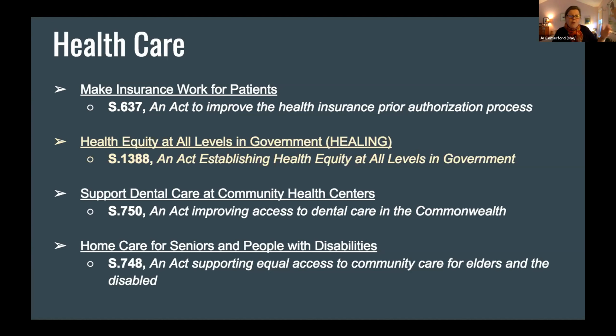Where we build a highway, where we locate an incinerator, where we decide to put educational opportunities, job training opportunities, where we decide to open a clinic. Those are social determinants of health. And so this bill says that all decisions in the Commonwealth have to be made with health equity at the center. So it's a multi-year, multi-step bill.